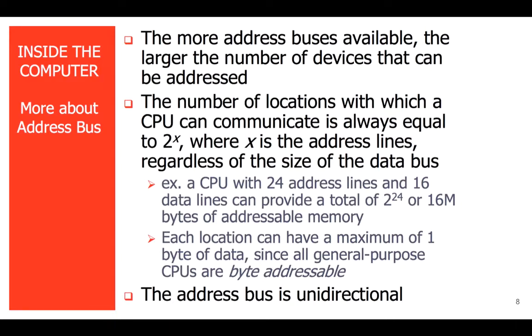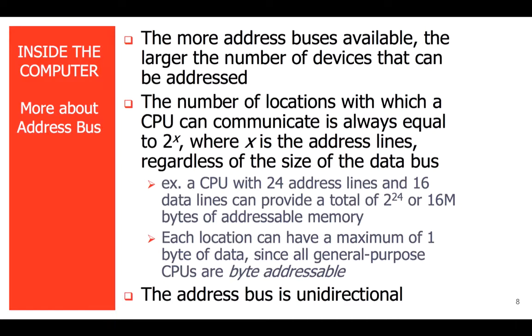The more address buses available, the larger the number of devices that can be addressed. The number of locations with which a CPU can communicate is always equal to 2 to the power of x, where x is the address lines, regardless of the size of the data bus.